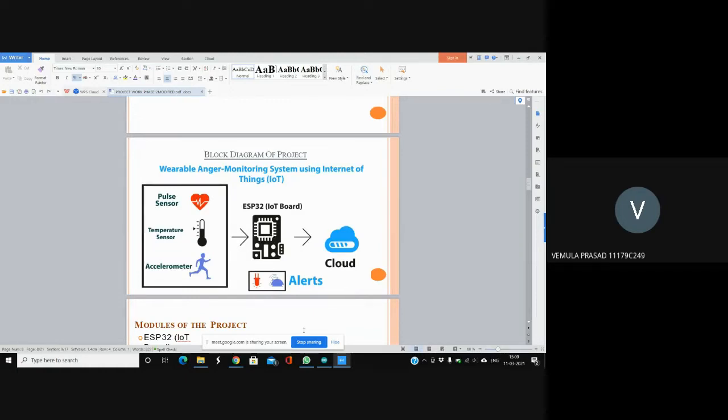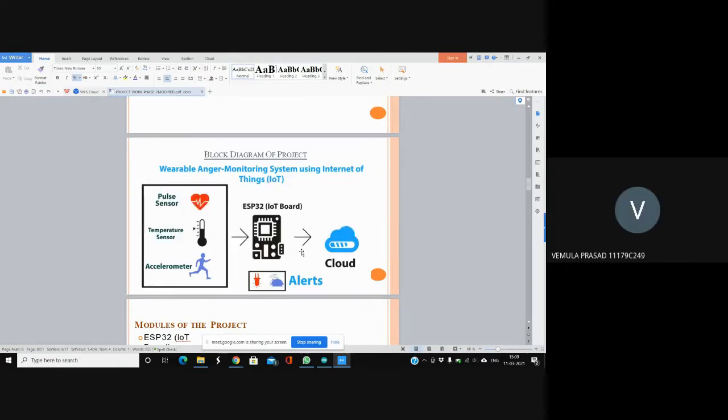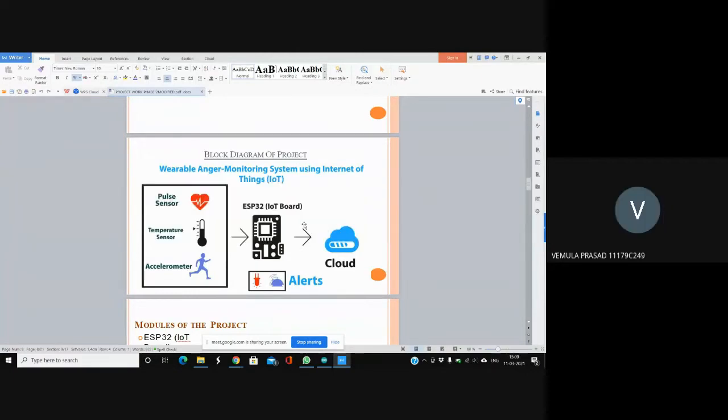The ADXL335 accelerometer provides analog voltage at the x, y, z axis outputs, which is proportional to the acceleration in the x, y, and z directions. Using the ADXL335, we calculate the angle of inclination or tilt using the x, y, z values.